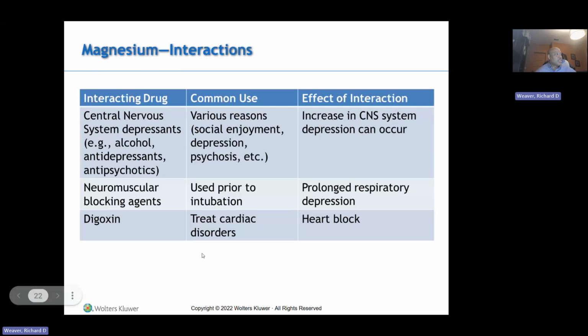Magnesium interactions. Let's see. So when we give magnesium with some of the central nervous system depressants, and those depressants would be like your alcohol, your antidepressants, your antipsychotic drugs, and these are used for different reasons, for social enjoyment, the alcohol, antidepressants for the depression, and the antipsychotics for psychosis.